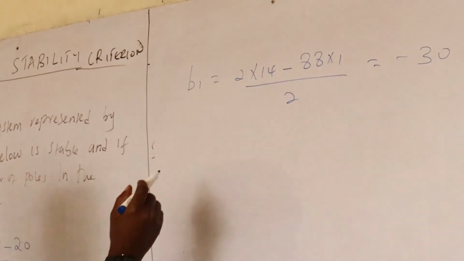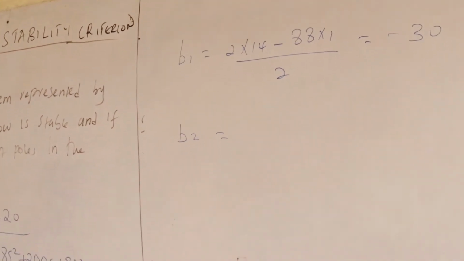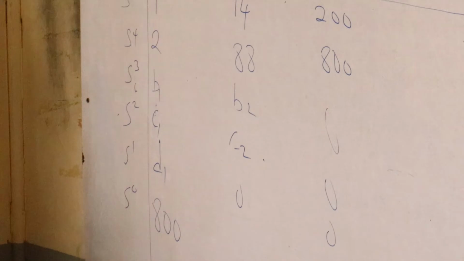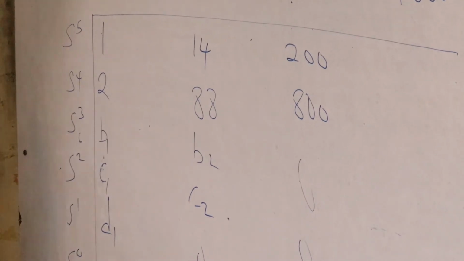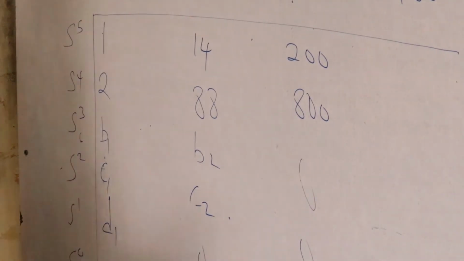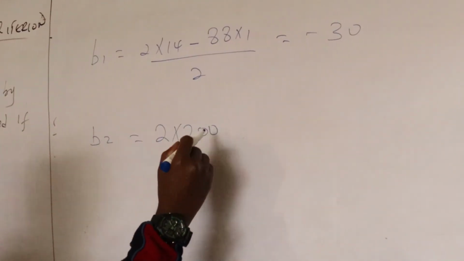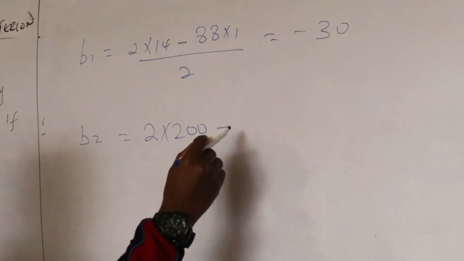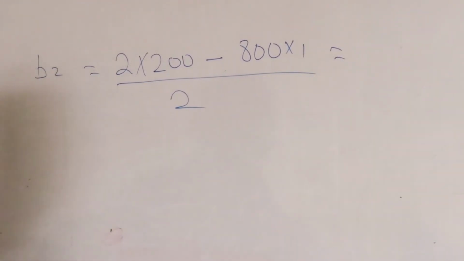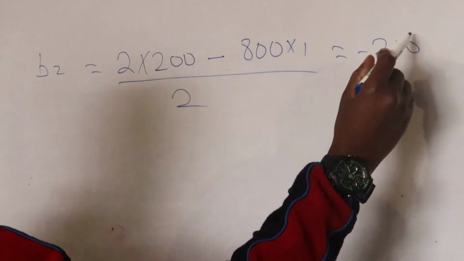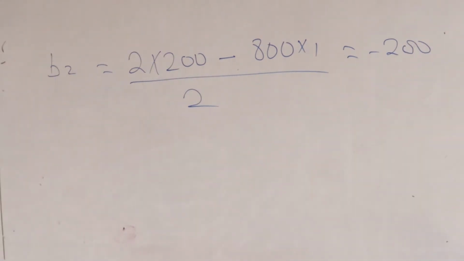Then B2: 2 times 200 minus 800 times 1, all over 2, which is minus 400.